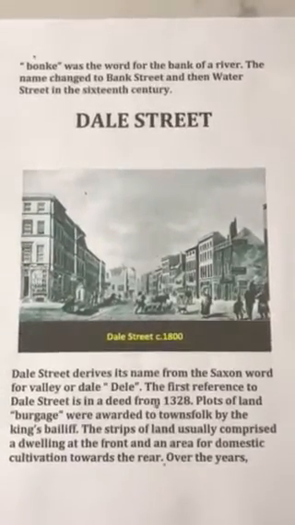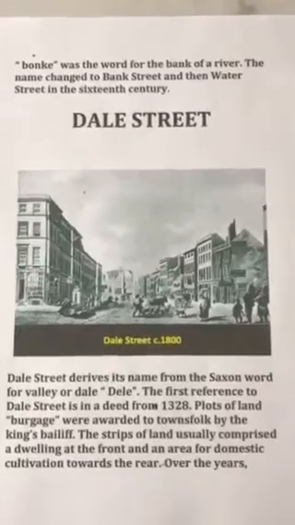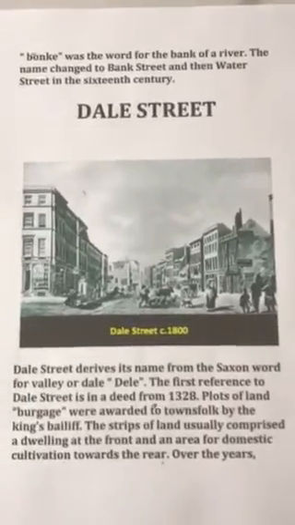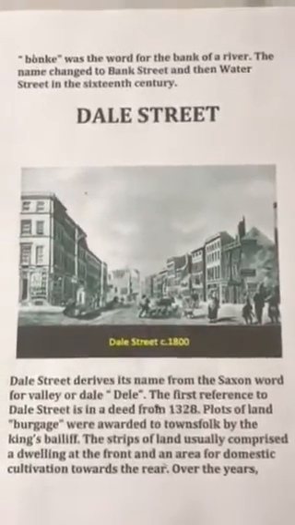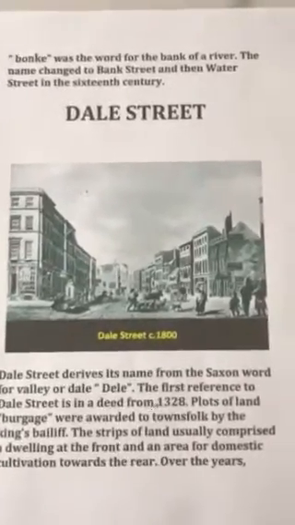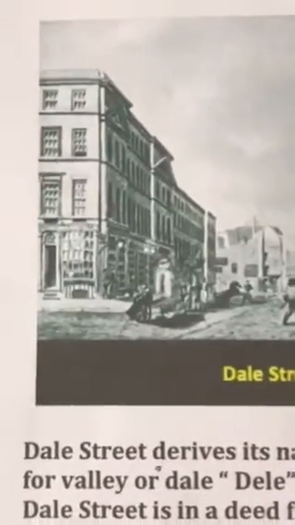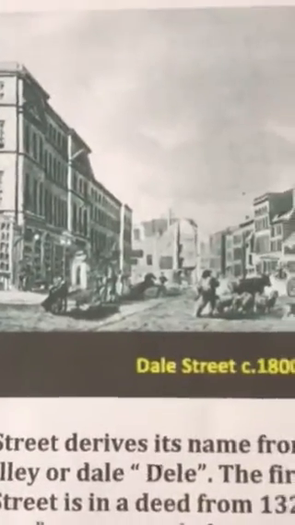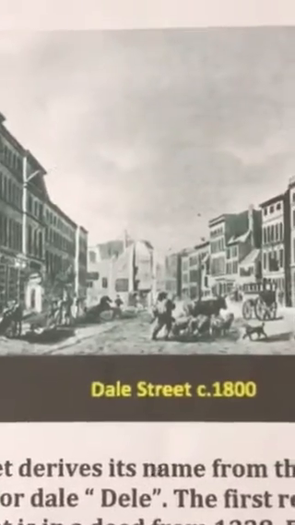The next famous one of Liverpool's seven streets is Dale Street, still right at the heart of Liverpool today, with some lovely buildings. I'll just zoom into the picture first. So this is Dale Street around the year 1800, just over 200 years ago, but the artist has captured it.